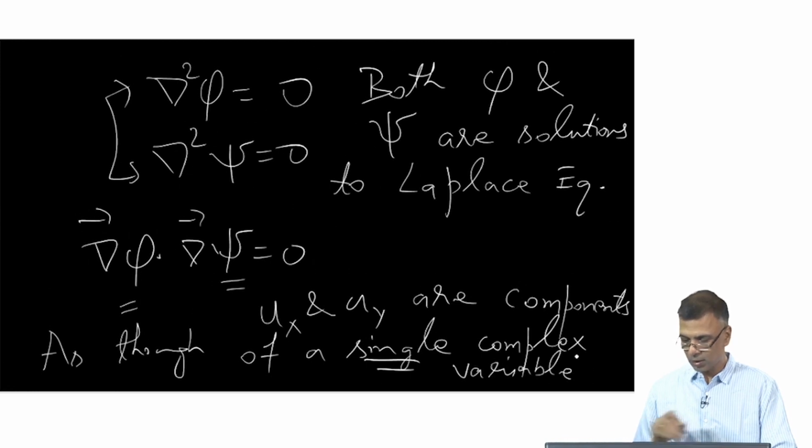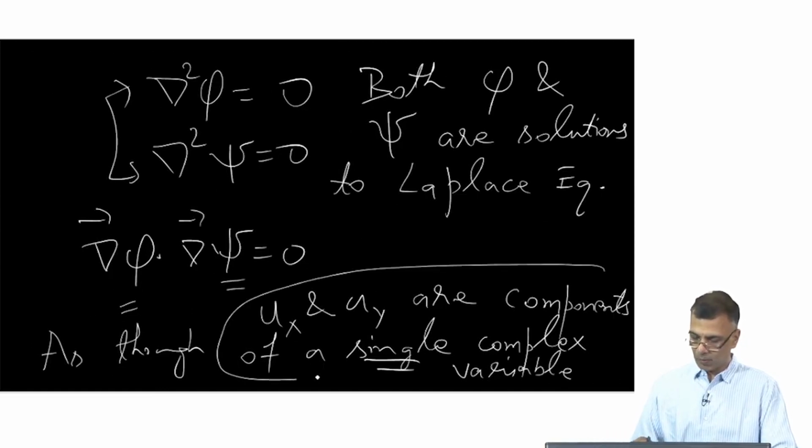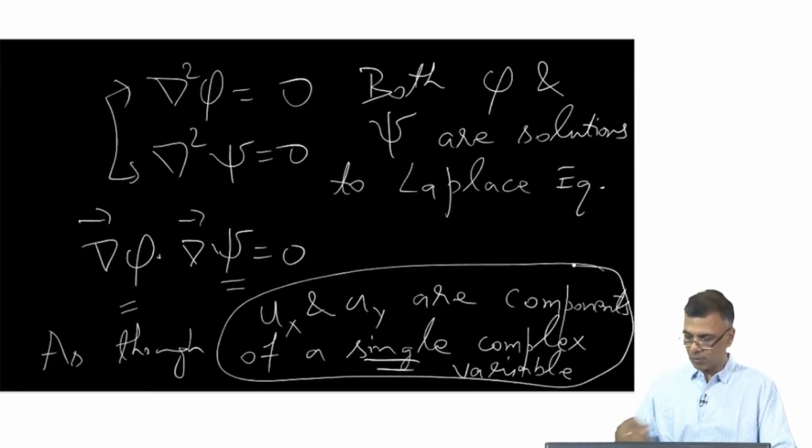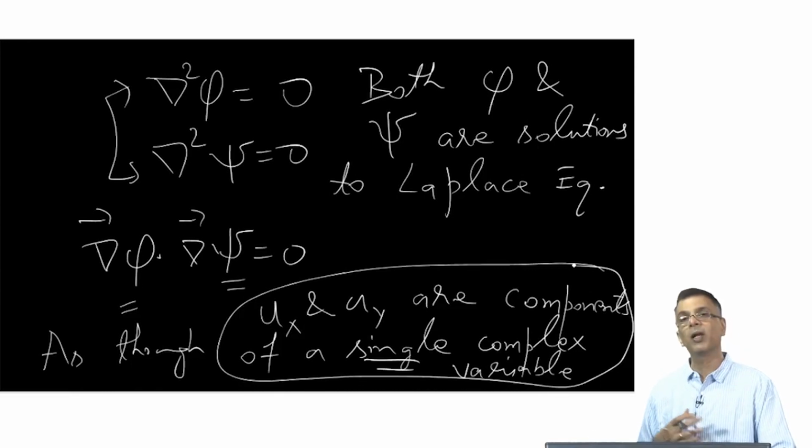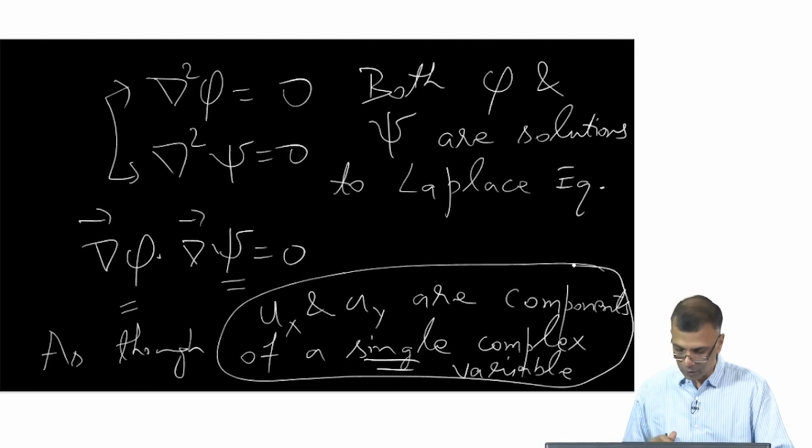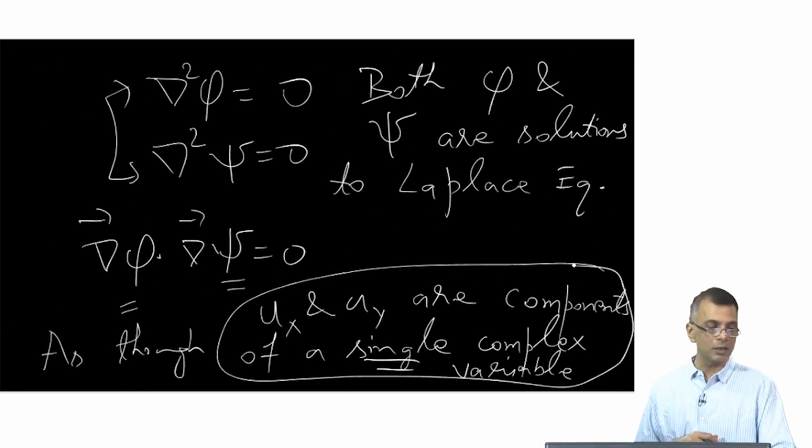And this property enables us to apply the theory of complex variables. You don't have to solve for ux and uy separately, and this simplifies life a lot. And this comes from the Cauchy-Riemann conditions, which is essentially this.